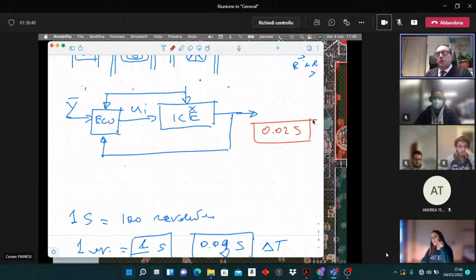you should be able to measure your real y, enter it into the ECU.